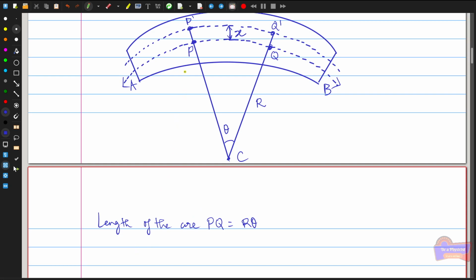Again, I am going to consider another filament, P prime and Q prime, above the neutral axis, situated at a distance of x. Since it is above the neutral axis, an elongation is going to happen in this part P prime and Q prime. So this extended length can be identified.